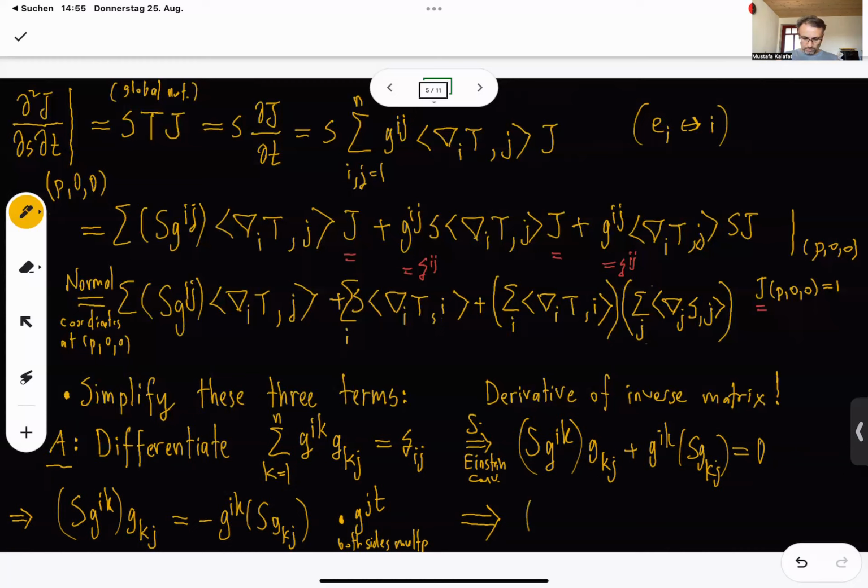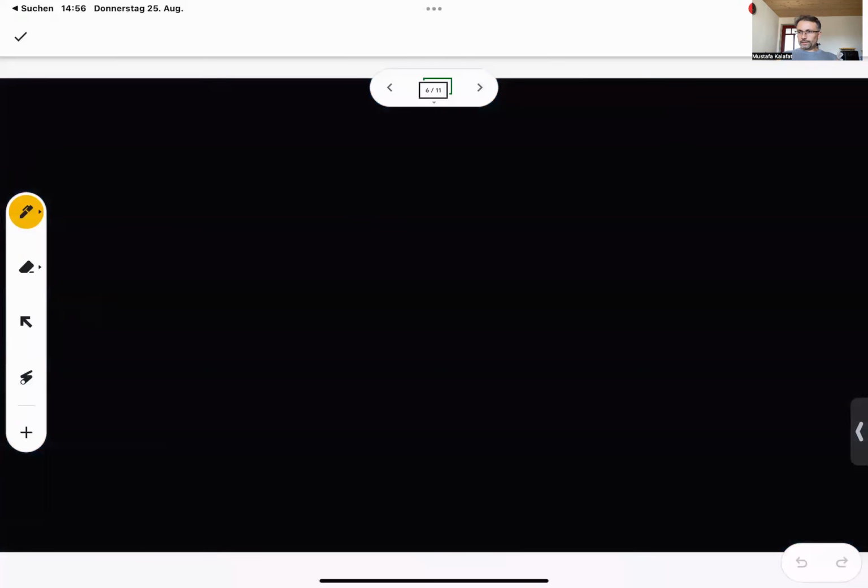All right, let me just write it in one more term. That's gonna amount to Kronecker delta kt equals minus g^{ik} ∂_s g_{kj} g^{jt}. So in the right hand side, no simplification. Okay. All right, this Kronecker delta you can think of as g_{kt} as well, no problem.